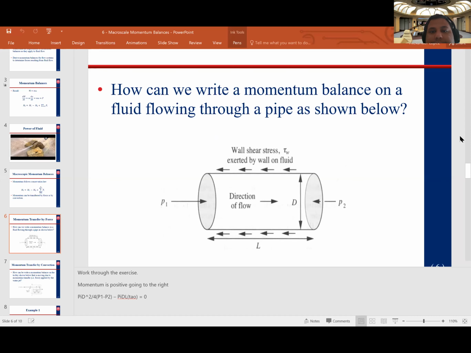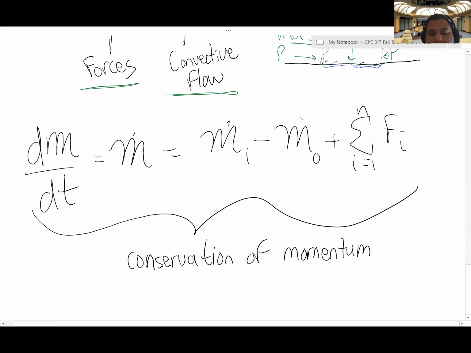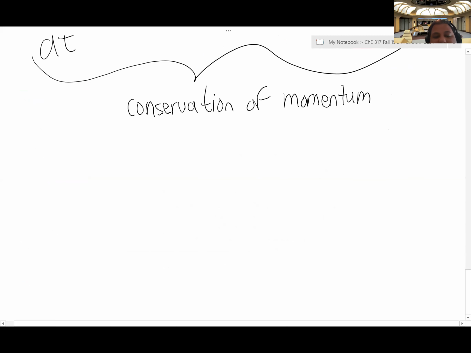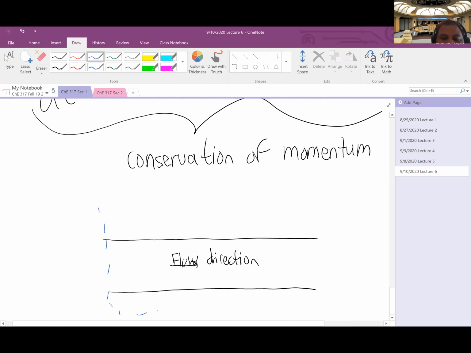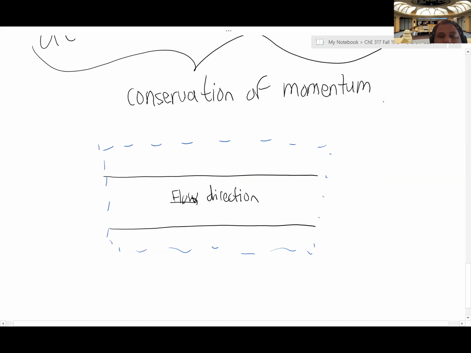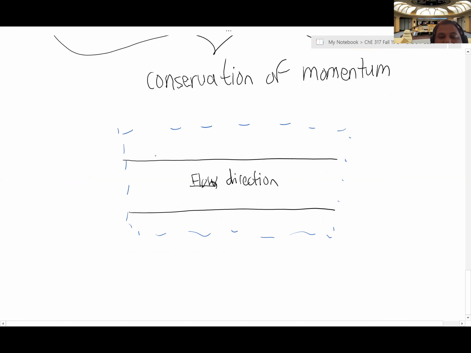So if I were to draw this system, this is my flow direction. And once again, I'm going to define my system as this element. Then I have to consider the forces that I have.